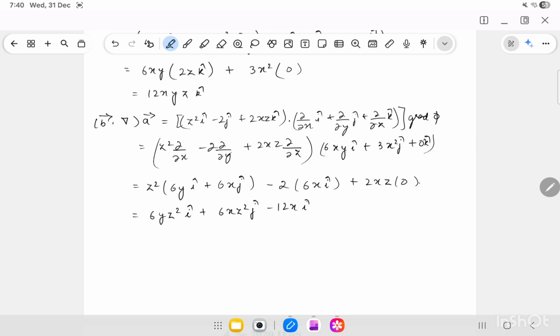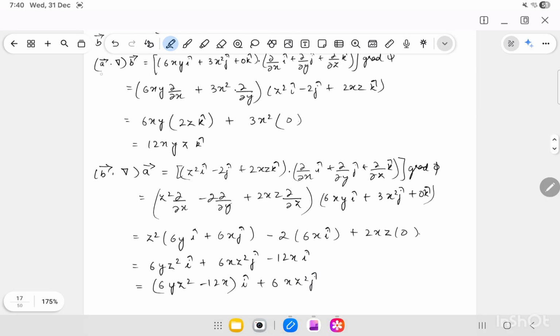Now if I add on these two terms, this can be simplified as 6yz² i cap minus 12x i cap plus 6xz² j cap.